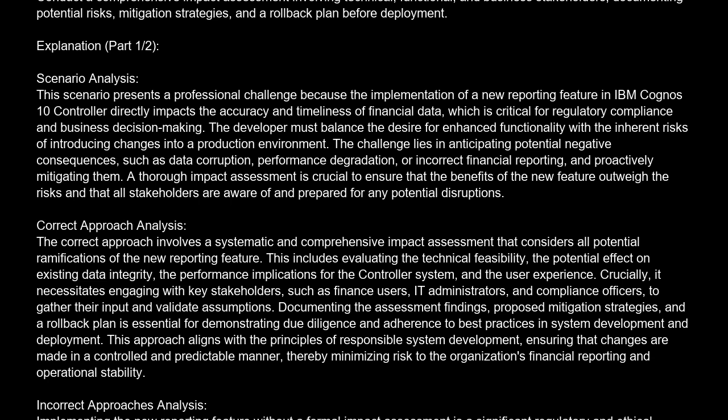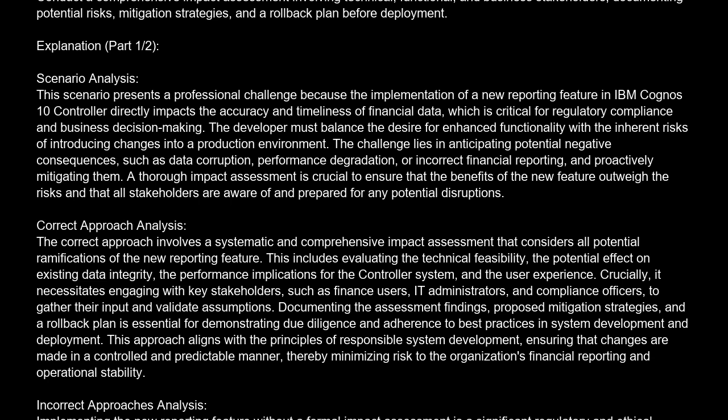This scenario presents a professional challenge because the implementation of a new reporting feature in IBM Cognos 10 Controller directly impacts the accuracy and timeliness of financial data, which is critical for regulatory compliance and business decision-making. The developer must balance the desire for enhanced functionality with the inherent risks of introducing changes into a production environment.